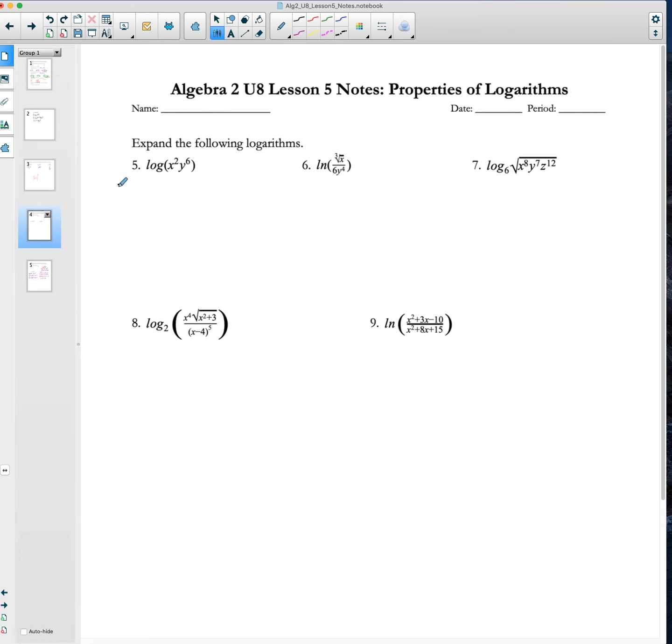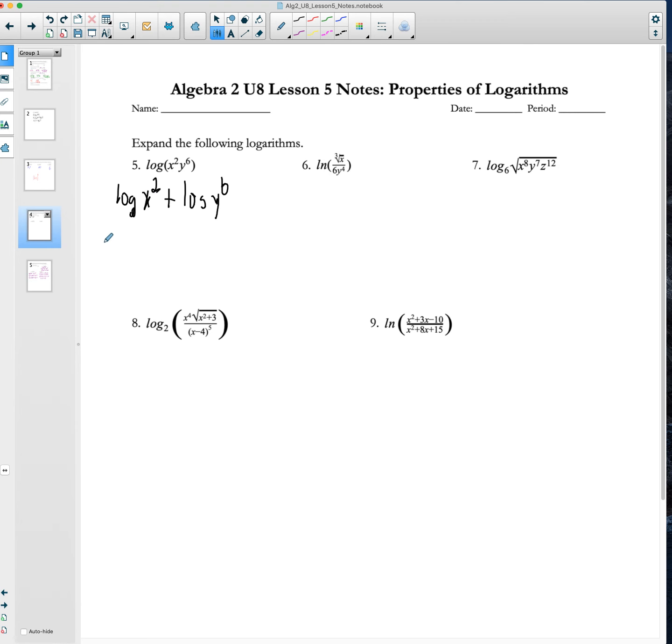So if I use that product property, I'd have log base 10, or the common log, or just log of x squared plus log of y to the 6th. And now that I have these broken apart, what I can do is apply the power rule.